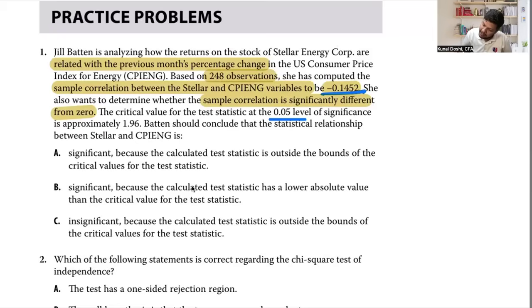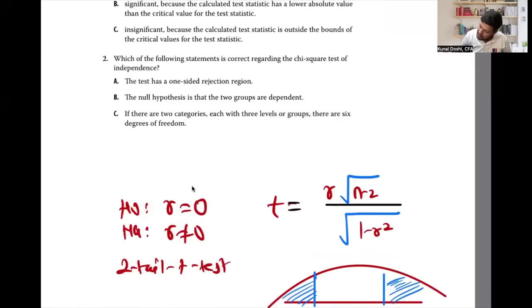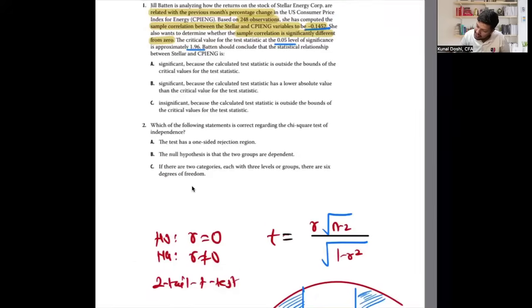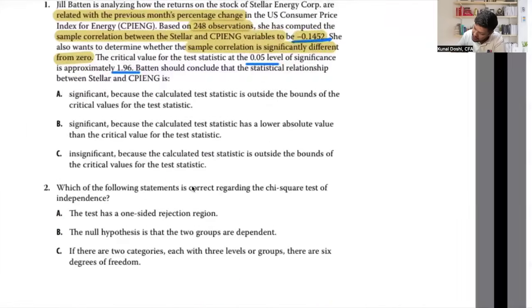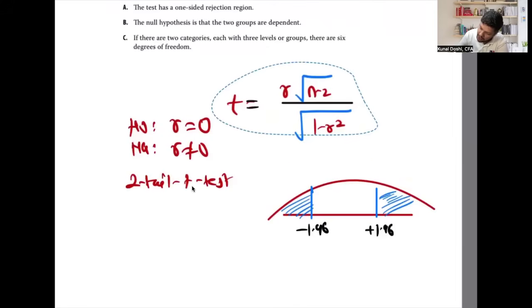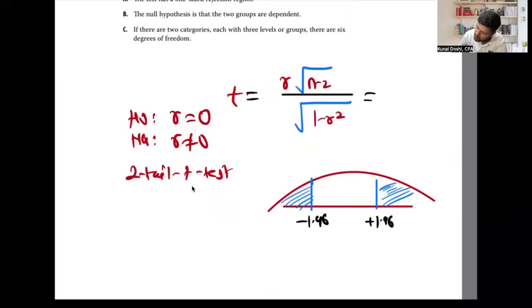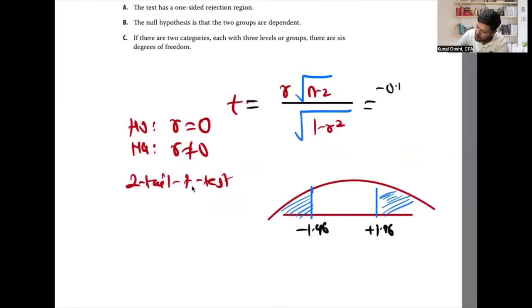The critical value for 5% is given to me as 1.96. Normally, this is the Z value. For t, it has to be slightly higher, but it's okay. They've given us, so I will keep 1.96. Let's calculate the test statistic. My correlation is 0.1452, times the square root of n minus 2.